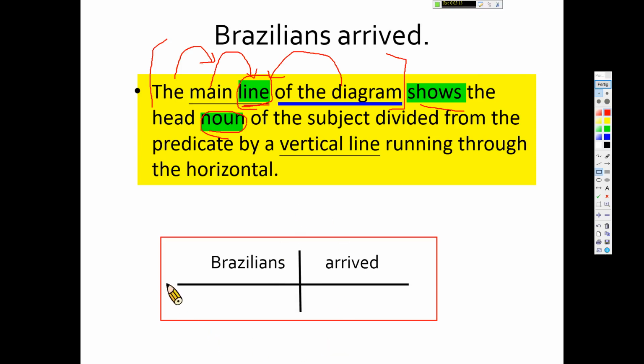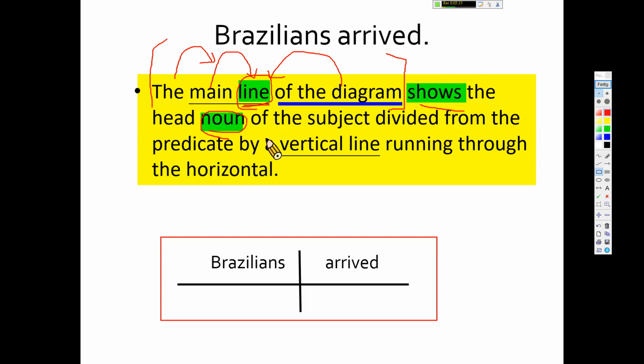If you take about one or two weeks to practice drawing this, then long sentences will be very easy for you to understand, because their structures are all the same.